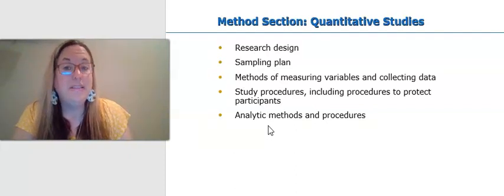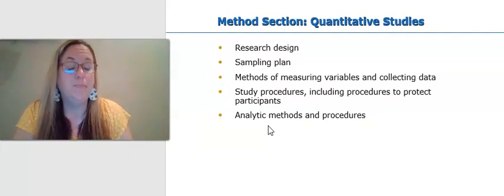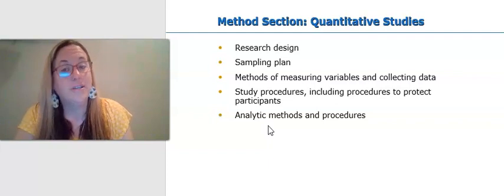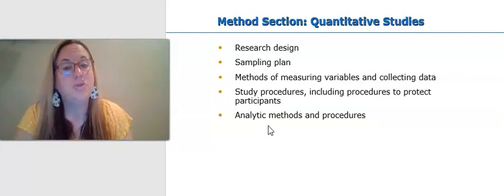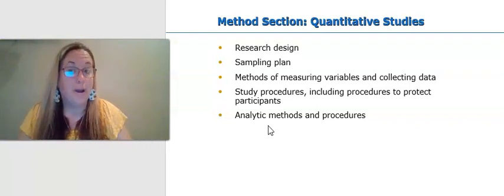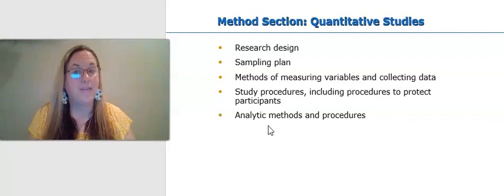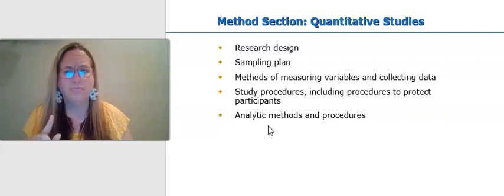Okay, so the method section is going to look different dependent on whether you are looking at a quantitative versus a qualitative kind of study. So this slide shows you what you would expect to see in the method section of quantitative. Just a note, method is the correct title based on APA, the American Psychological Association.